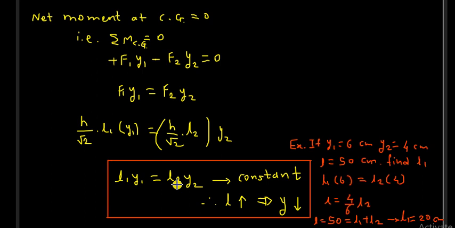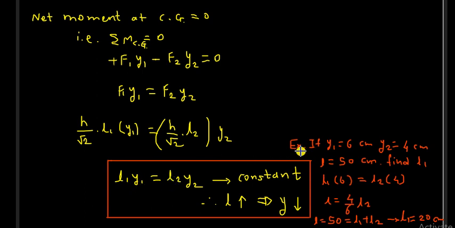So from this we can say that L is inversely proportional to Y. Here you can say L1 Y1 is equal to L2 Y2. If the L value increases, for getting a constant value you need to decrease the value of Y, right?